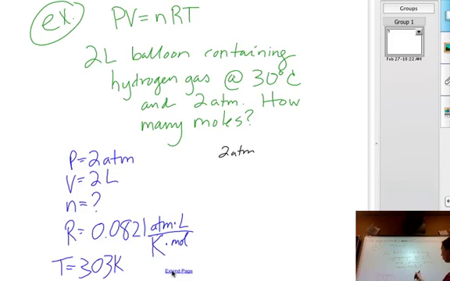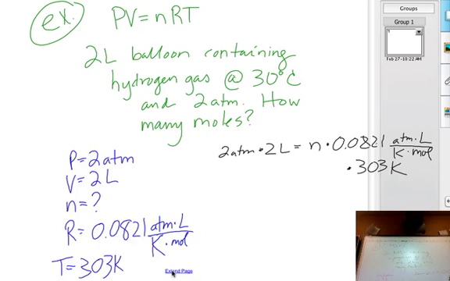So we have 2 ATM times 2 liters equals number of moles, question mark, times R, 0.0821 ATM liters over Kelvin moles, times 303 Kelvin.